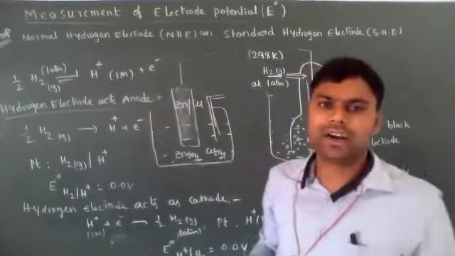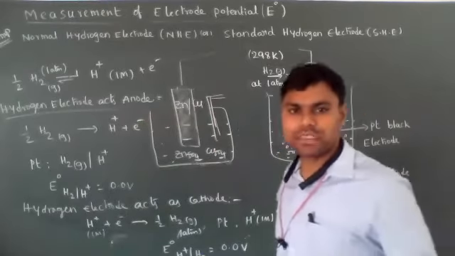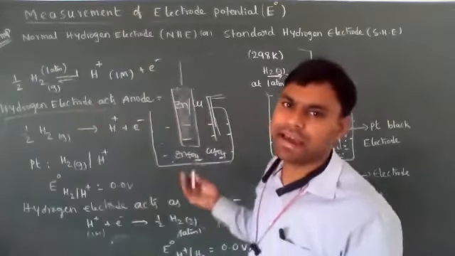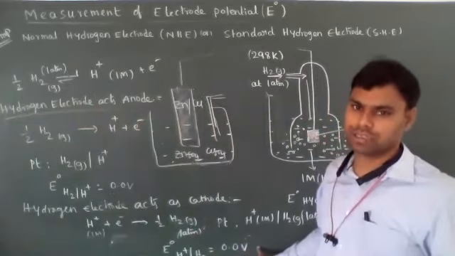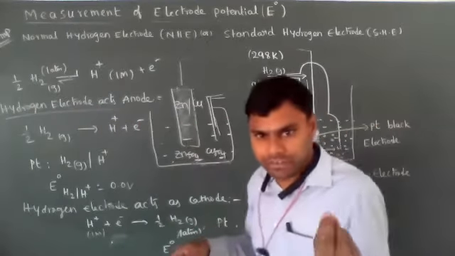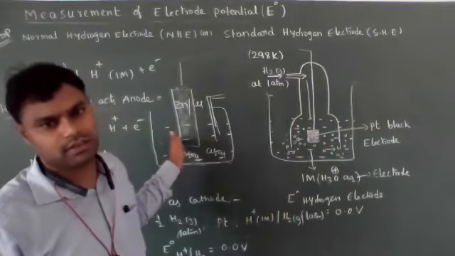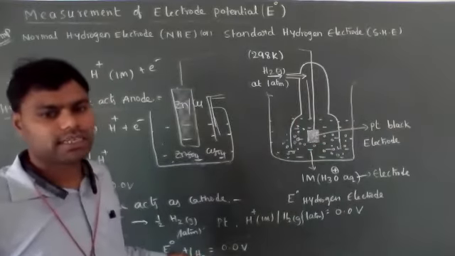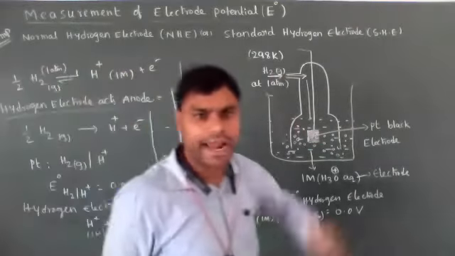So that's why we are using the hydrogen electrode as a reference electrode, because it may act as a cathode half cell or as an anode half cell, and its electrode potential is 0.0 volts. Then the cell potential is the electrode potential we need to calculate. Then the EMF of the cell is equal to that electrode potential, because the hydrogen electrode's electrode potential is equal to 0.0 volts. So this is the construction and working of the hydrogen electrode.